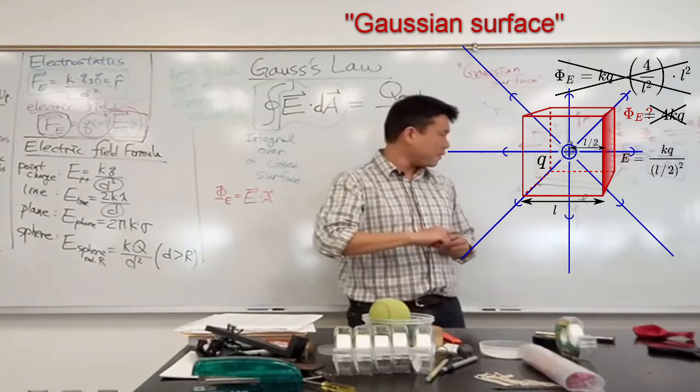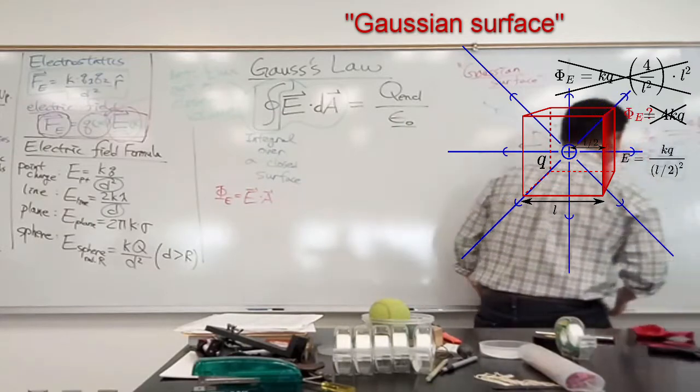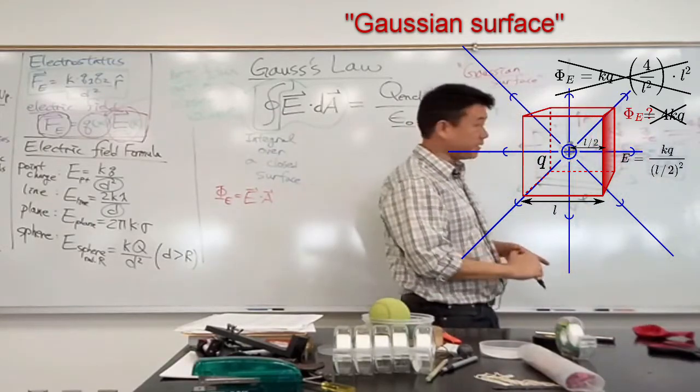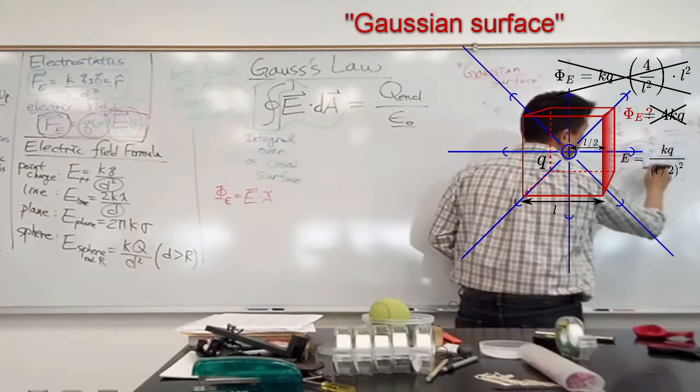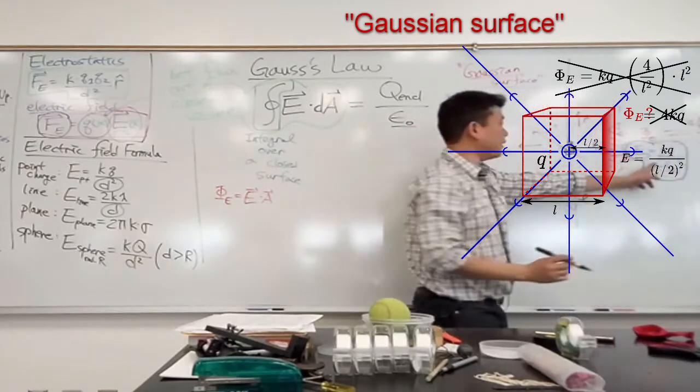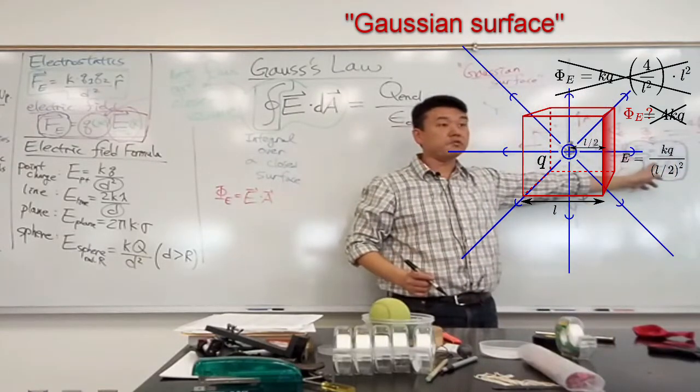In the interest of time, let me tell you where the mistake is, and maybe one of you can tell me why that's a mistake. This is where the mistake is, using this value for electric field. What was wrong with it?